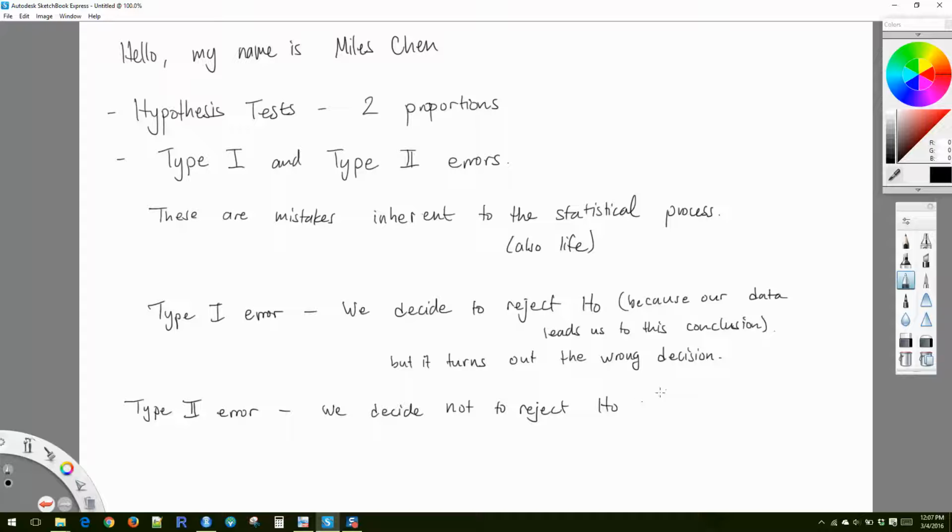Okay, and again, because our data leads us to this conclusion, and it turns out to be the wrong decision. And it's the wrong decision because in this case, the null hypothesis is actually false.